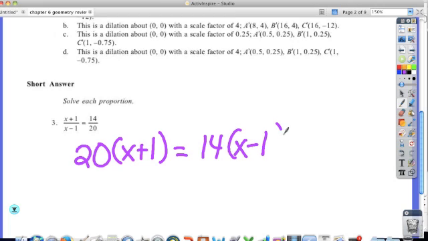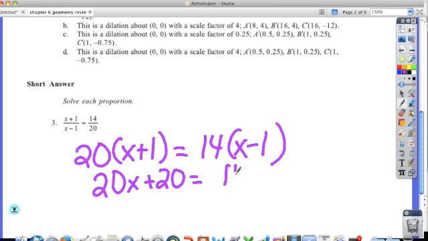You're multiplying 20 by the quantity of x plus 1, and you're multiplying 14 by the quantity of x minus 1. So you get 20x plus 20 equals 14x minus 4.